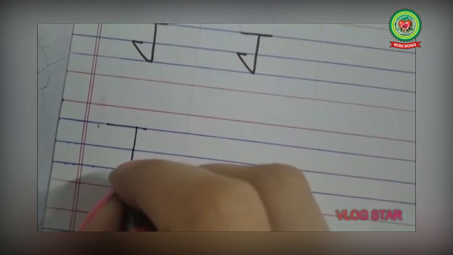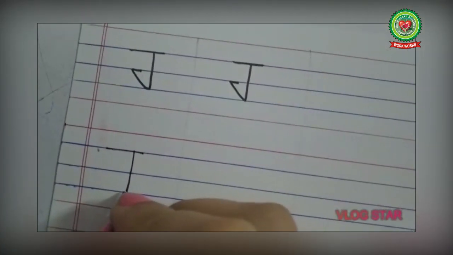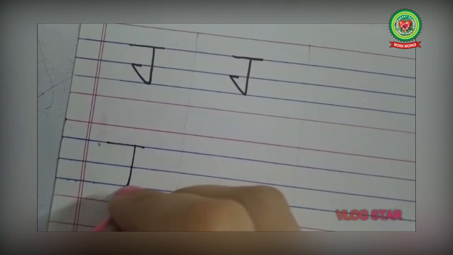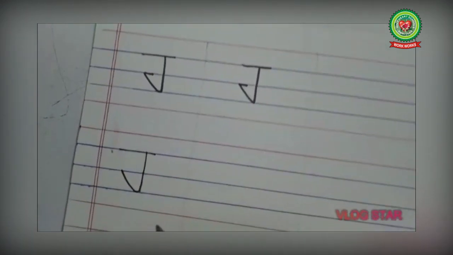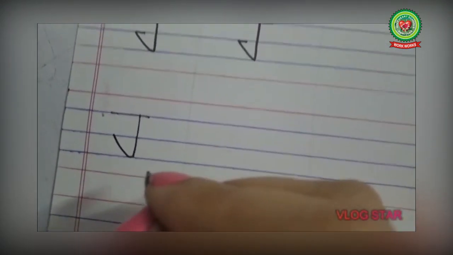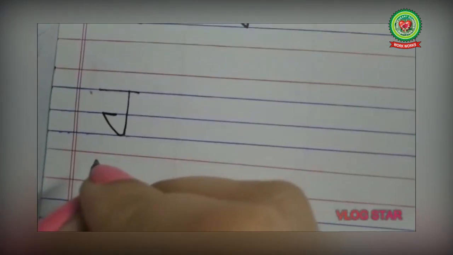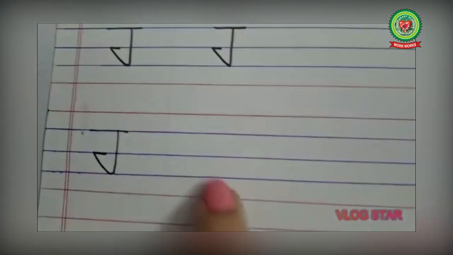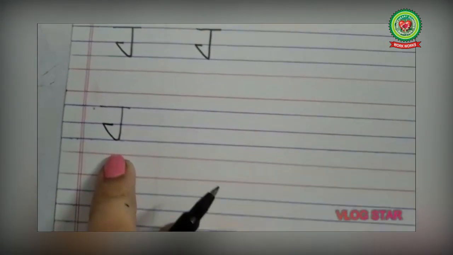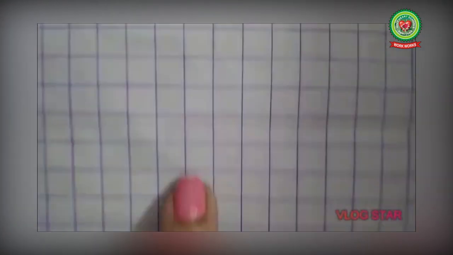Then draw a standing line like this, and from there draw a slanting line in an upward direction, and then draw a small sleeping line like this. This is ha.